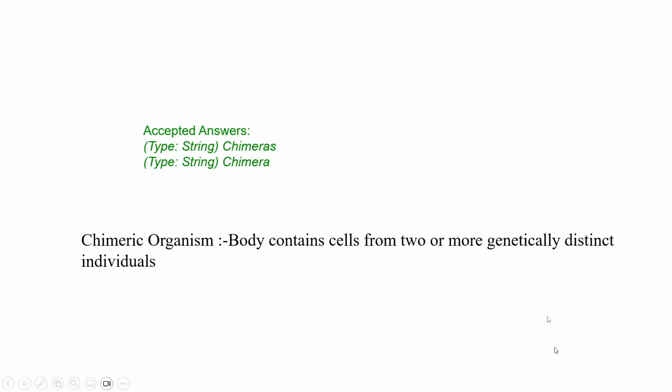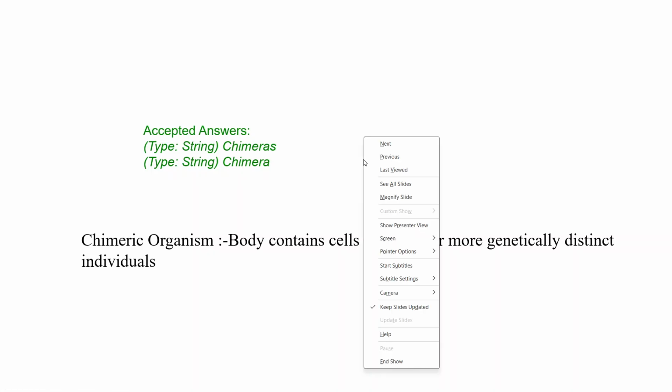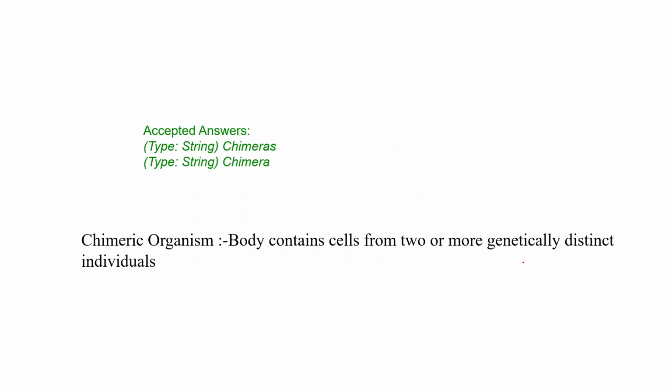See, what is a chimera? Chimera means the body contains cells from two or more genetically distinct individuals. Important is that they are genetically distinct.